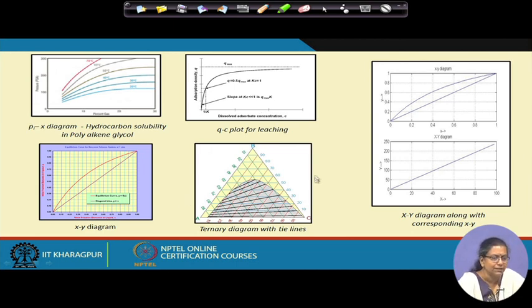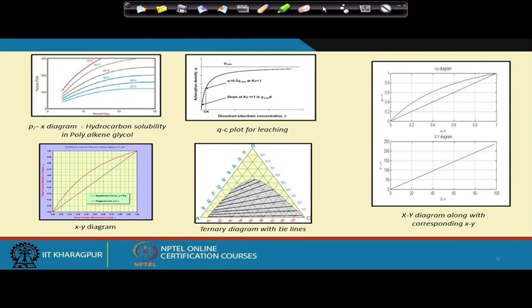And this is a typical phase equilibrium diagram for liquid-liquid extraction. I will be giving some time to it because it is different, as we see. Why is it different? Let us understand. When we are dealing with the other mass transfer operations, we usually consider that only one component is being transferred from phase A to phase B. In distillation, it is either from liquid to vapor or vapor to liquid.